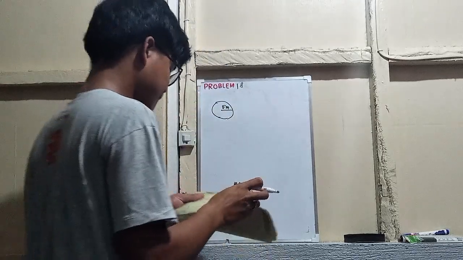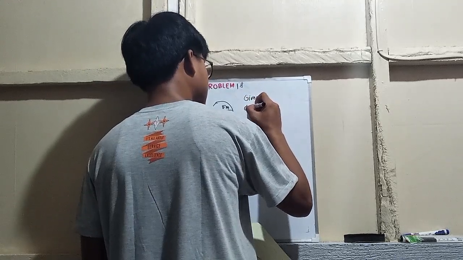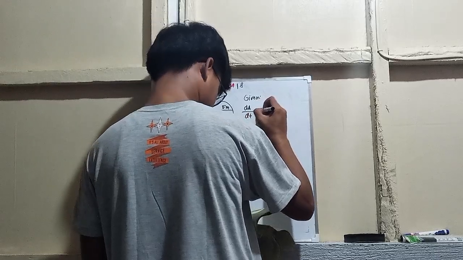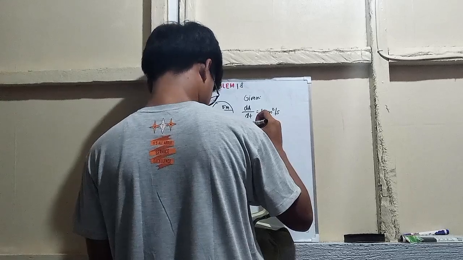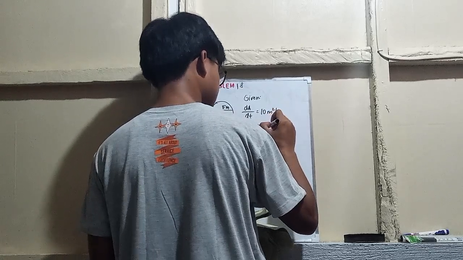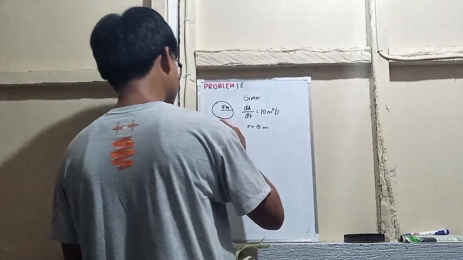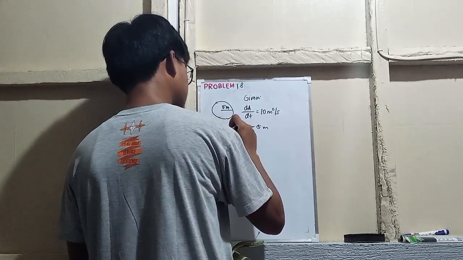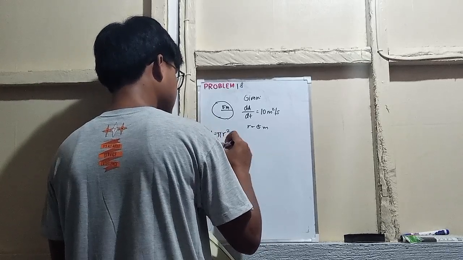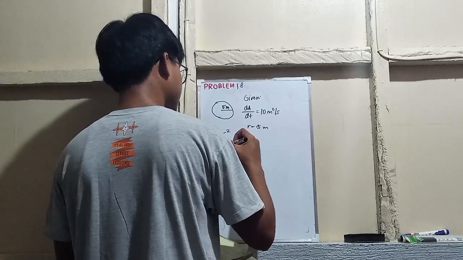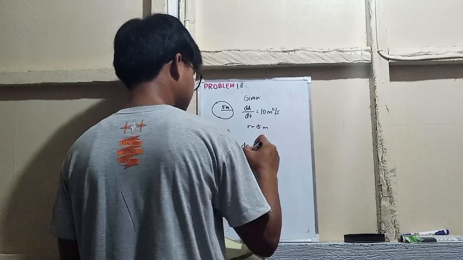Then in given, we'll have the rate of area as 10 meters squared per second. Radius is 5 meters. Then in getting the area of a circle, we know that the formula is pi r squared.